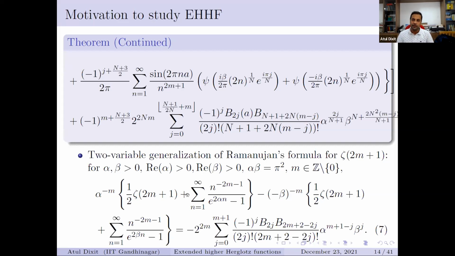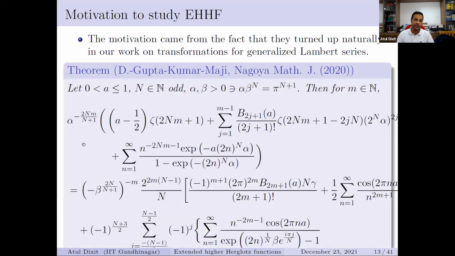So what we did a few years back, the paper came last year, was with Gupta, Kumar, and Maji. We gave a two-variable generalization of Ramanujan's formula, or in other words, I should say one variable and one parameter generalization. The variable is a, where a is between 0 and 1, and n is an odd number, and alpha, beta are positive such that they satisfy this relation.